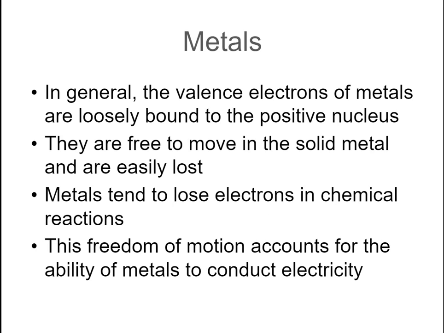So metals in general: the valence electrons of metals are loosely bound to the positive nucleus. They are free to move in solid metal and are easily lost. Metals tend to lose their electrons in chemical reactions. This freedom of motion accounts for the ability of metals to conduct electricity.